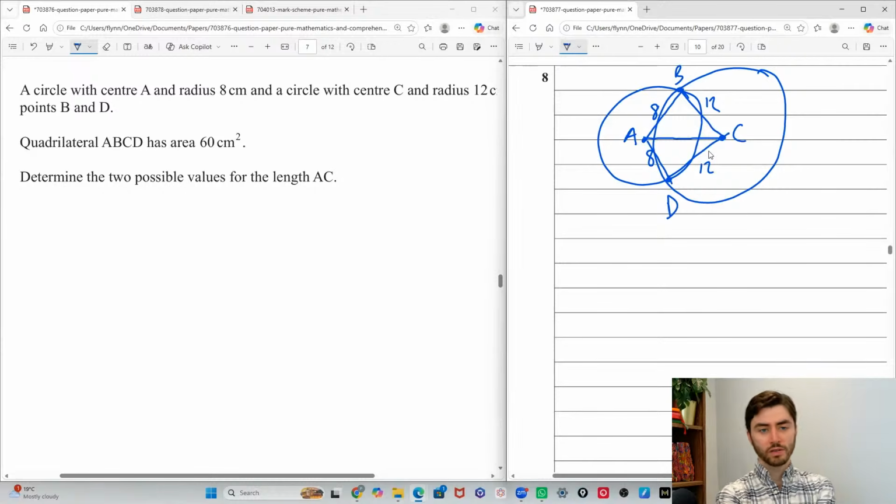The quadrilateral has an area of 60, which means the area of each of those triangles is equal to 30, by symmetry. Well, that does get interesting, because we want to work out AC, and I think we get there from here.